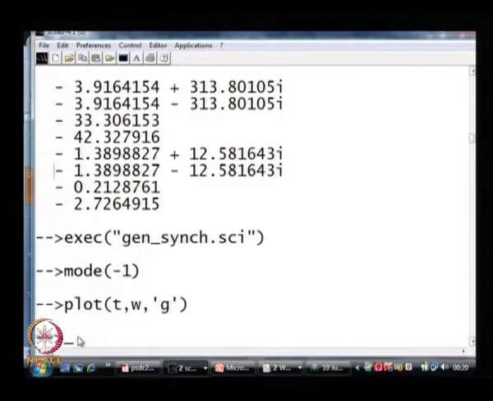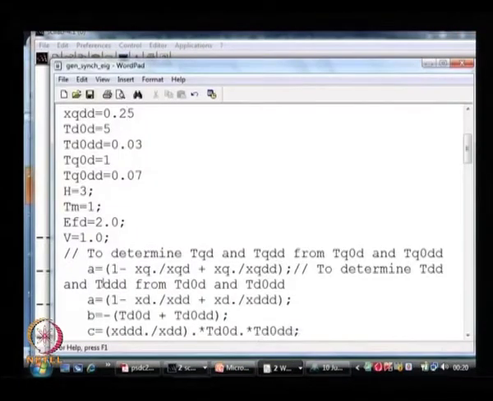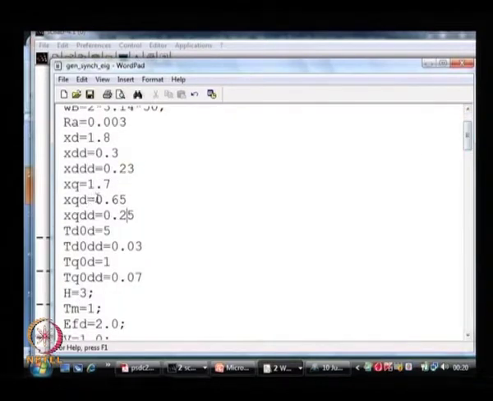Okay. That we can say by actually finding out the eigenvalues of the system. For example, we try to find out the eigenvalues of the system for 1.0 model. Okay.